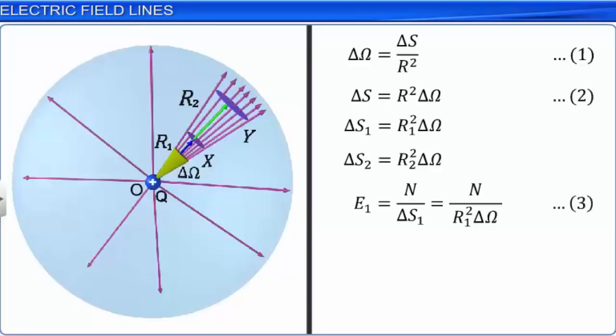Similarly, electric field strength E2 at y is equal to n by delta S2 equal to n by r2 squared into delta omega. Let this be equation 4.